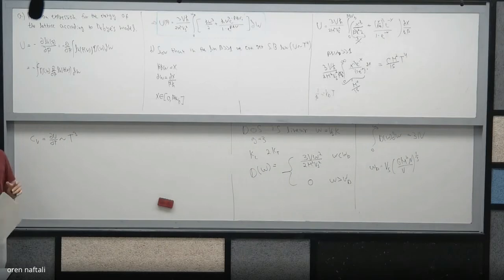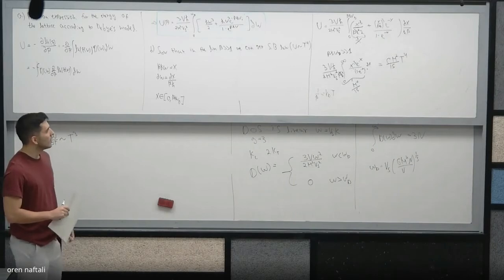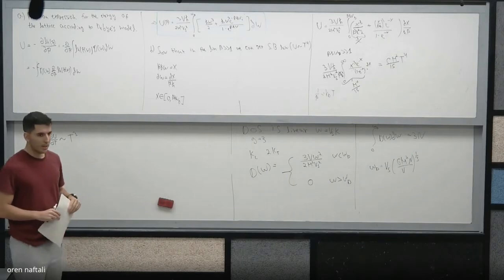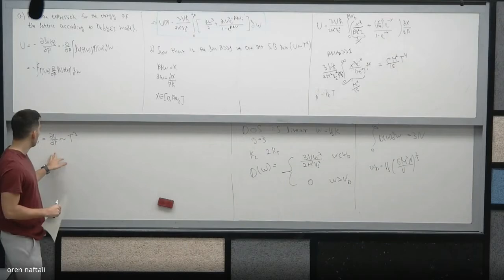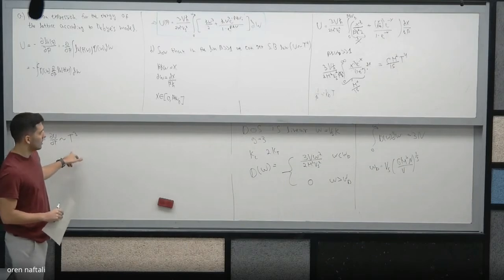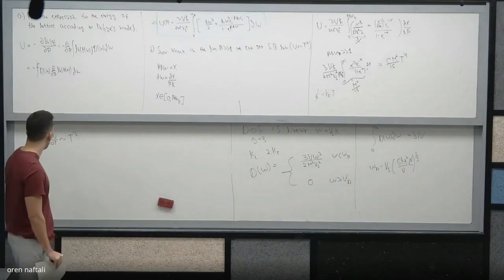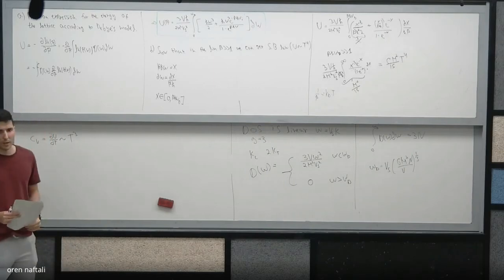But in Einstein, if I remember correctly, it went like something else, at low temperatures. So this is how the Debye model matched the theory.